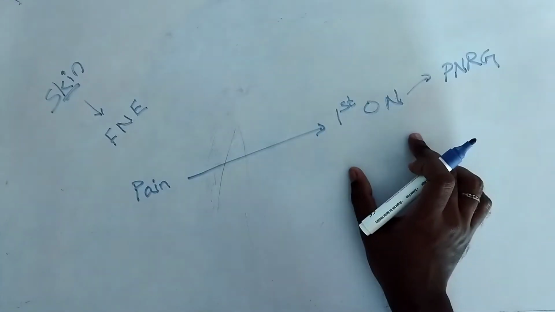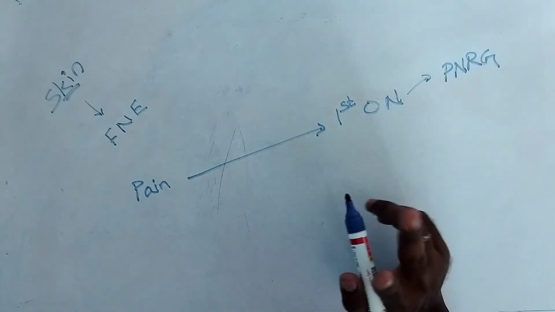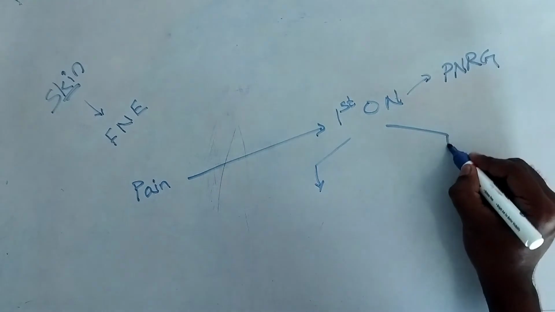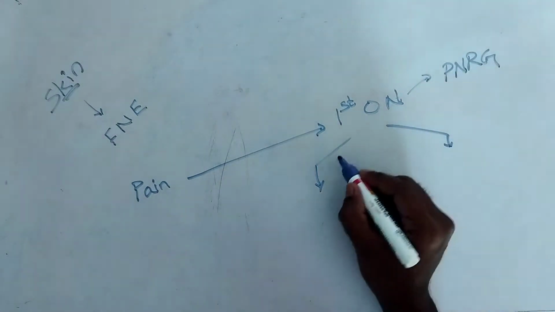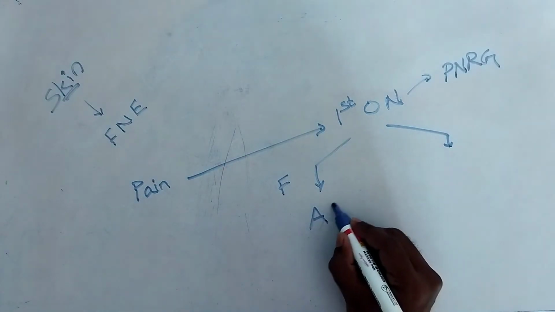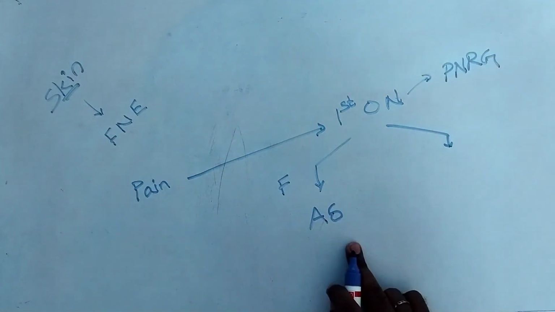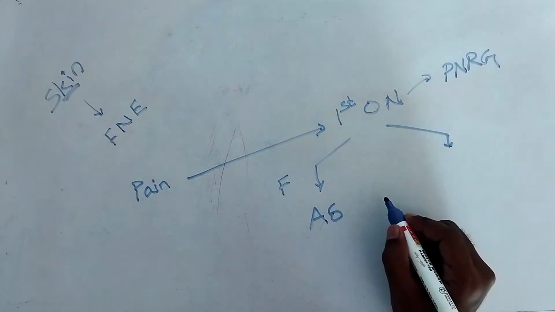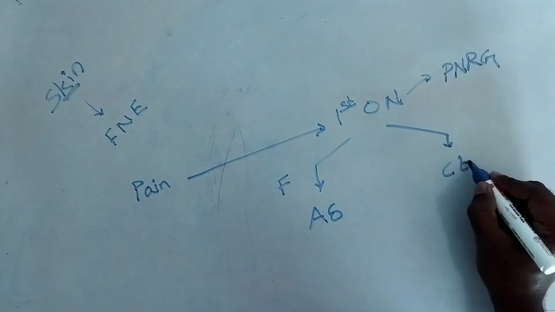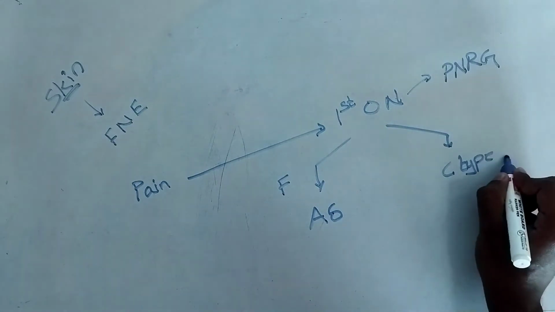From the first order neuron, the pain is divided into two parts: fast pain fibers and slow pain fibers. Fast pain is carried by A delta type afferent fibers, and slow pain is carried by C type afferent fibers.